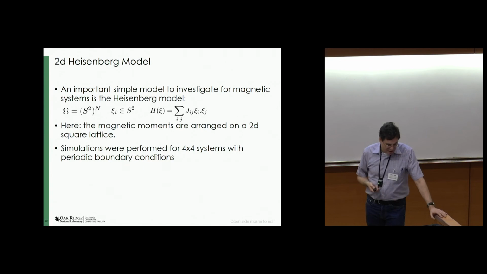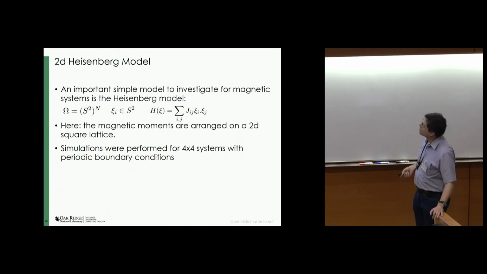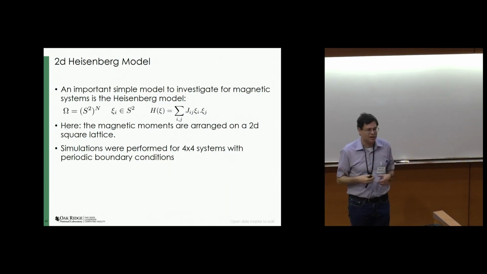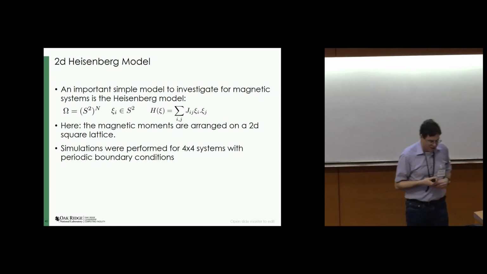The energy in the Heisenberg model is just the dot products of those with certain links between some of them that defines the geometry.